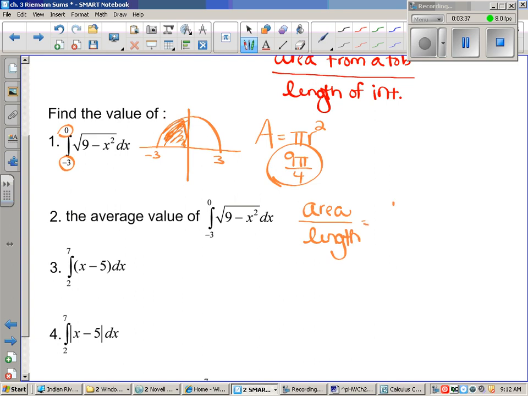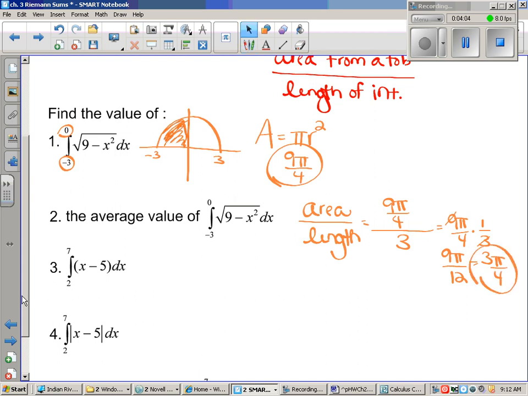So I'm going to do 9 pi over 4, that's just the area, and the length of that interval, -3 to 0, is 3. Obviously the answer wouldn't be left as that, so you can do keep, change, and flip, or maybe you can do this automatically, understanding that it's 9 pi over 12, or even better, you recognize that the 3 divides into that, giving me 3 pi over 4. And that's the answer that I'm looking for.